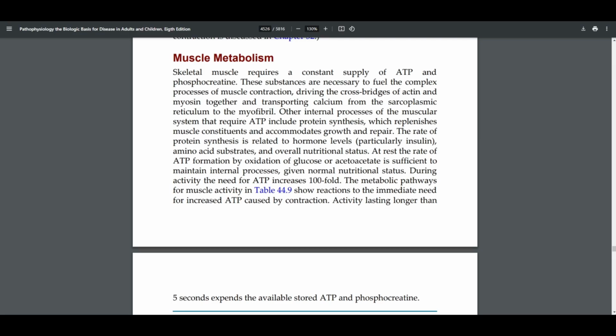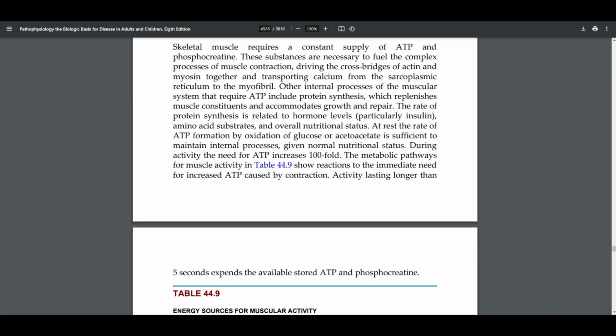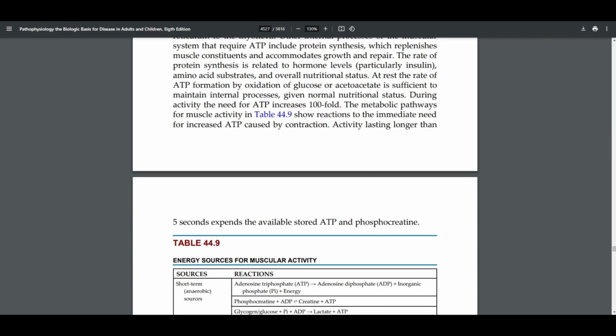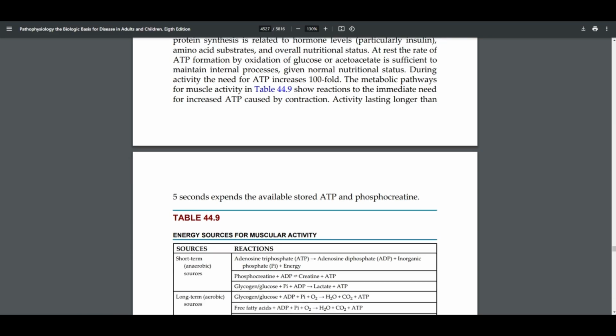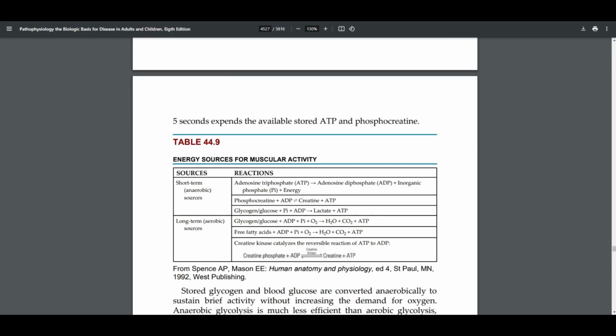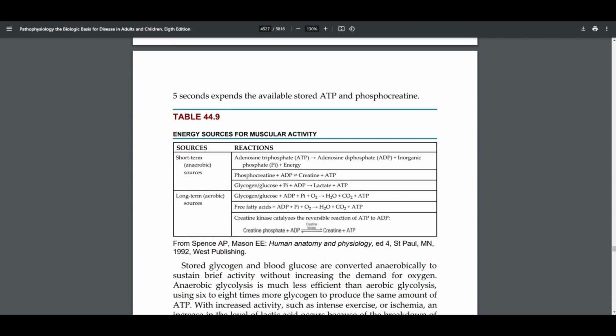The metabolic pathway for muscle activity in Table 44.9 shows reactions to the immediate need for increased ATP caused by contraction. Activity lasting longer than 5 seconds expends the available stored ATP and phosphocreatine. So here we see the energy sources for muscular activity, short versus long term.